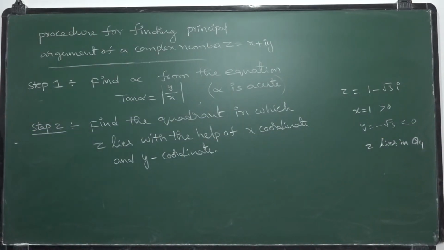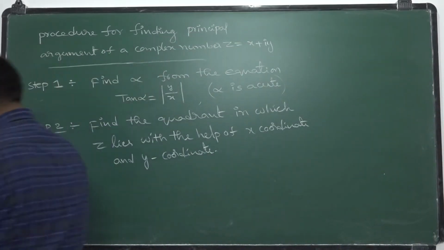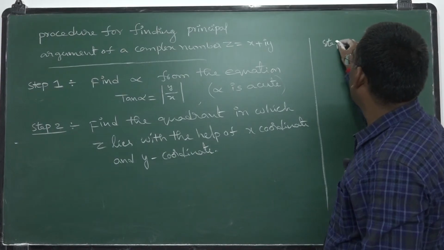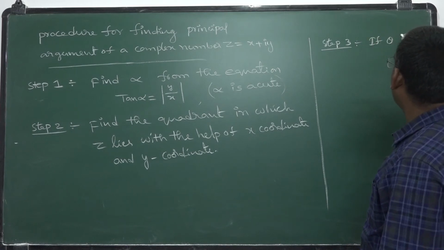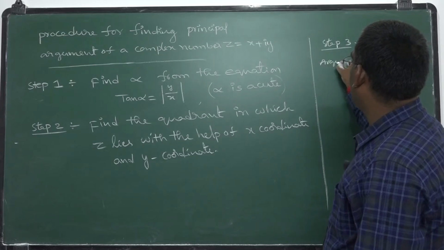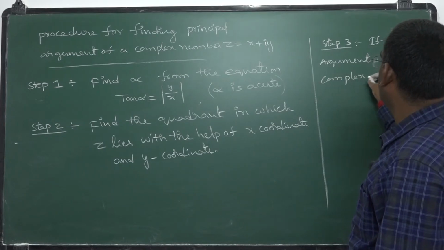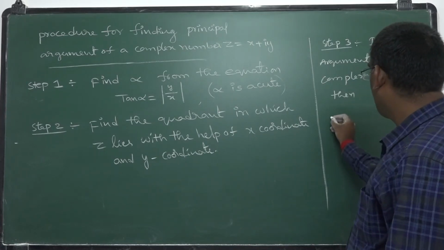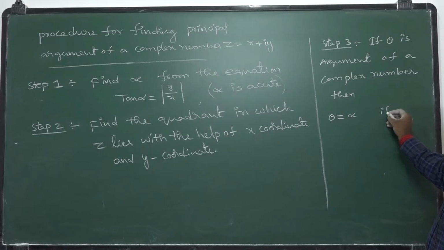Next, third step. Step 3 is important. If theta is the argument of a complex number, then theta equal to alpha if z lies in first quadrant.